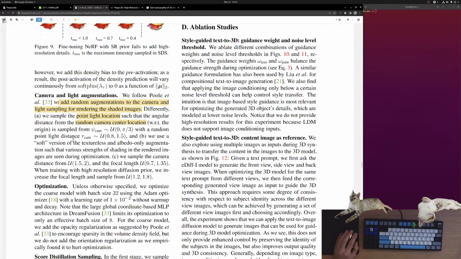So the position of the light that is used to illuminate the object is randomized. That's my randomization hand gesture. So you get a little bit more different kinds of lighting, and it acts as an augmentation technique.